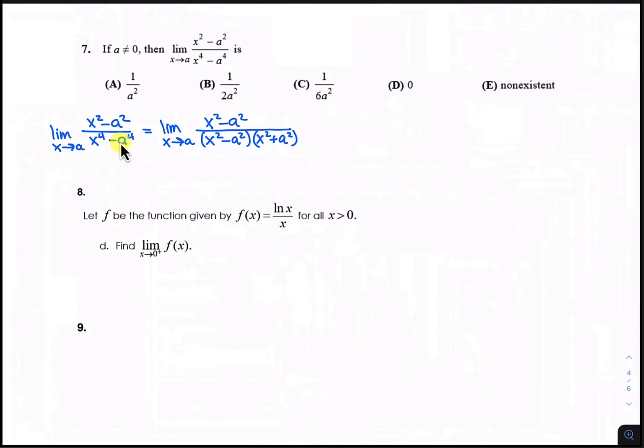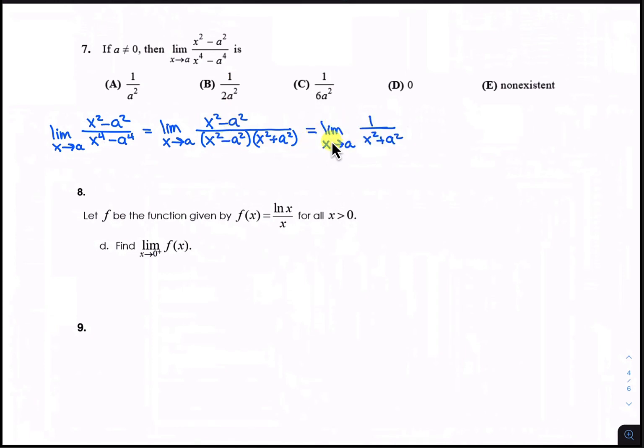Now x to the 4th minus a to the 4th factors into x squared minus a squared times x squared plus a squared. And of course you know what the x squared minus a squareds will do on the top and bottom. They will just cancel each other out.